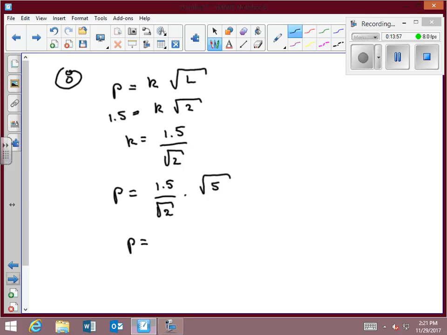So P is going to equal 1.5. Now, those square roots, we can put them all under a single square root. So then it's 1.5 times the square root of 2.5.